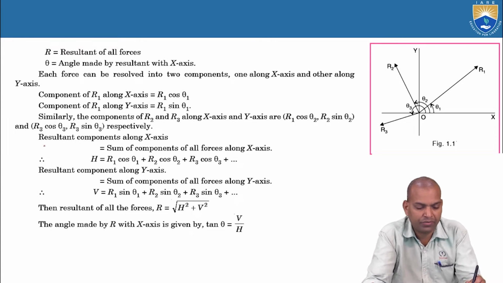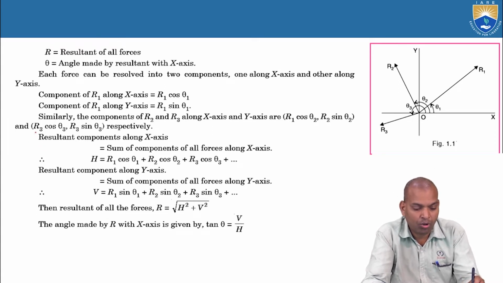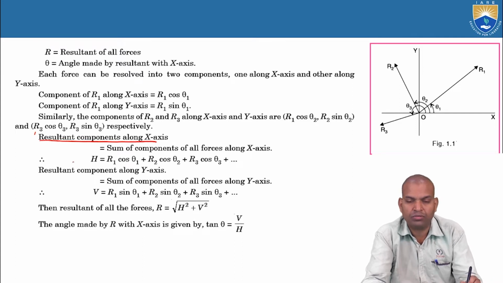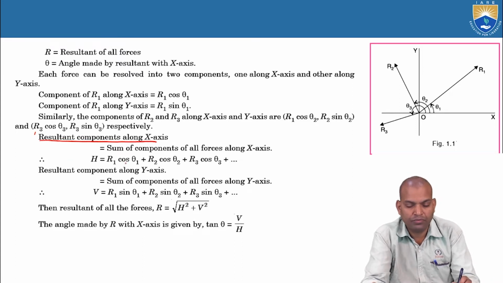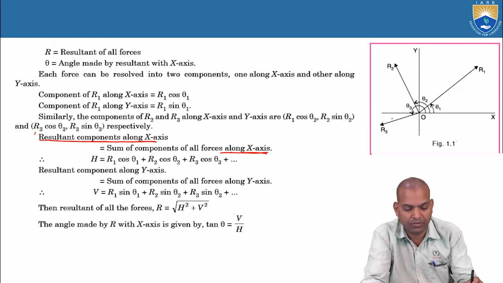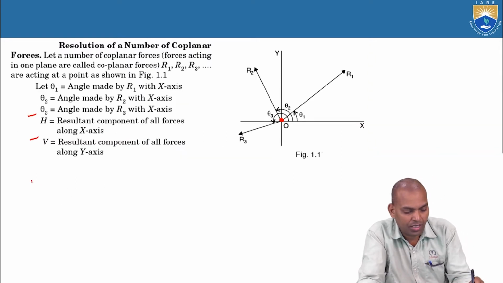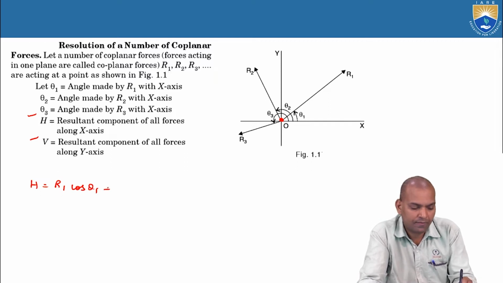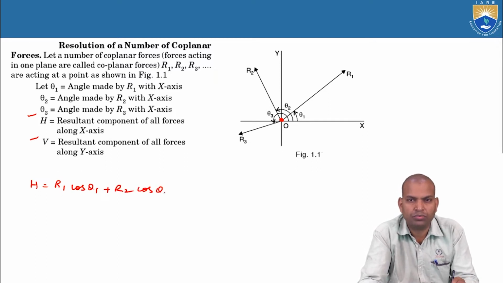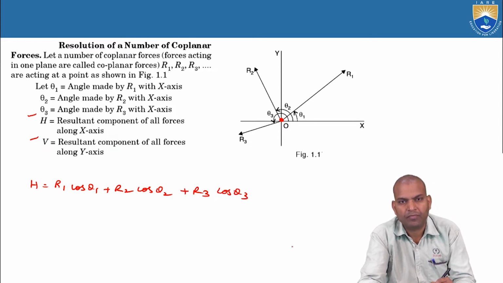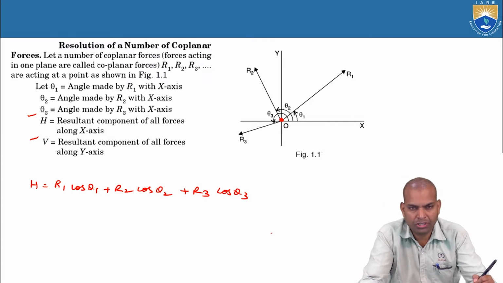So H equal to R1 cos theta 1 plus R2 cos theta 2 plus R3 cos theta 3. This is the sum of all horizontal components of forces.